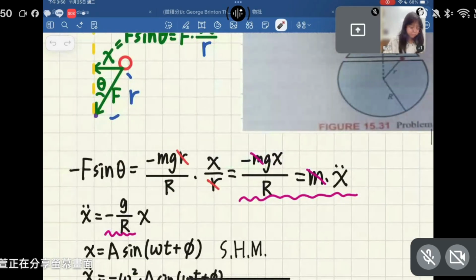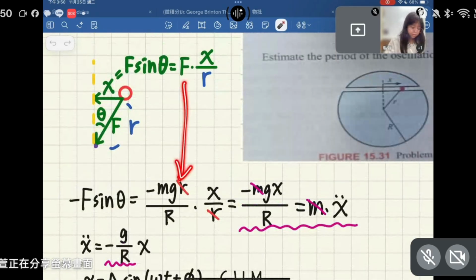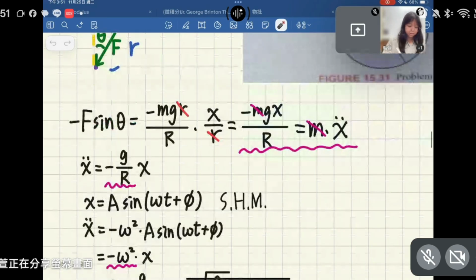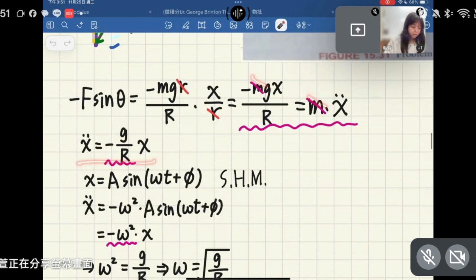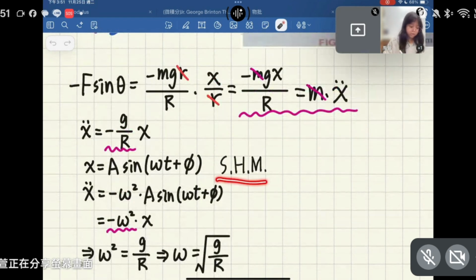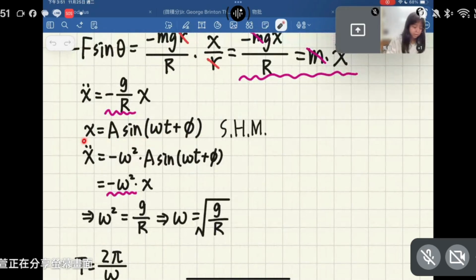We substitute this in, and times x over r, we can eliminate the r, and we get negative mg times x over r, which equals ma, m times the second derivative of x. We eliminate m. Like the last question, for SHM, x equals A sine of (omega t plus theta).